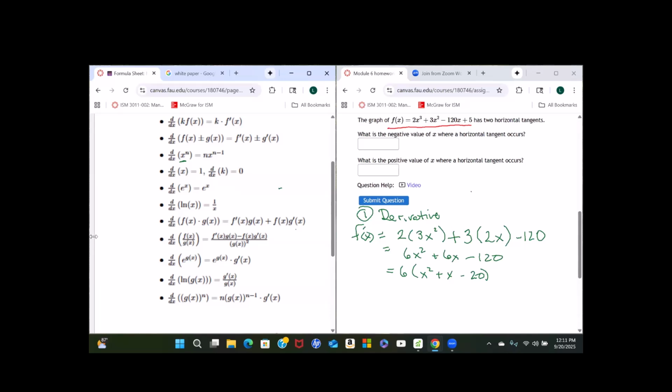Now it says 2 horizontal tangents. Uh-oh, what does that mean? What does horizontal tangent mean? Think about what horizontal means.